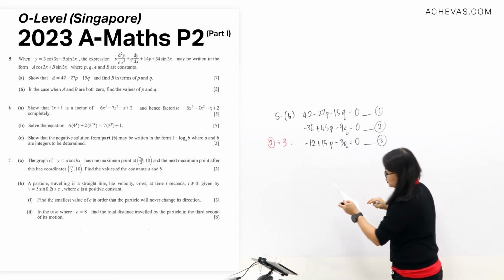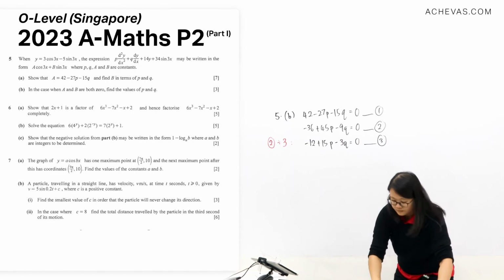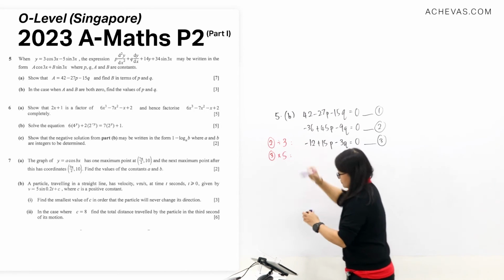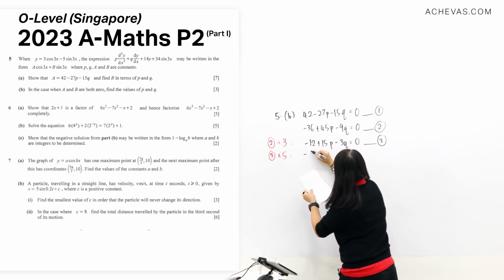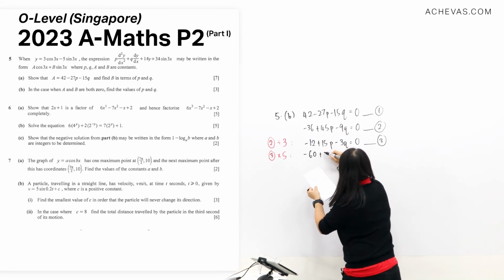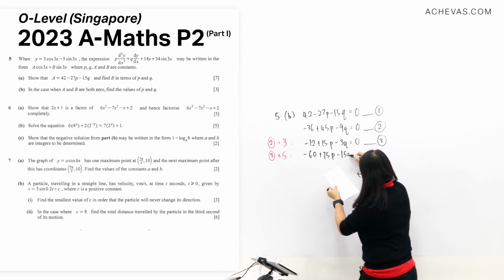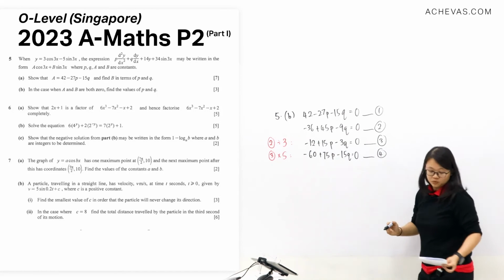Let me label this equation as number 3. And next, I'm going to use this number 3 multiplied by 5. I'll be getting negative 60 plus 75p minus 15q equals to 0. I'm going to explain why I am doing this.